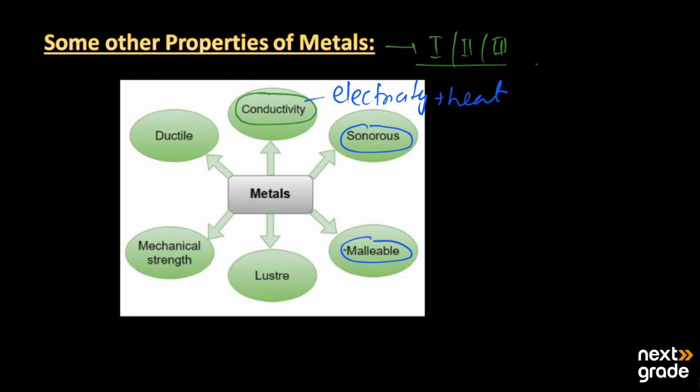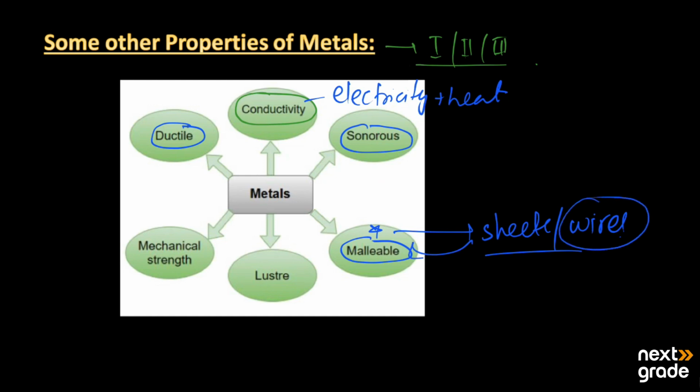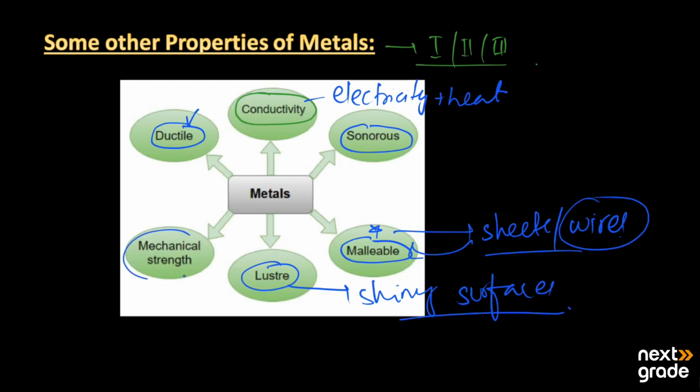They are highly malleable and highly ductile, meaning they can be converted into sheets as well as wires. These properties are known as malleability and ductility. They are lustrous, meaning they have a shiny surface or they reflect light. They have mechanical strength, so they are used for the production of different types of products in industries as well. So these are the simple properties of the metals along with their occurrence.